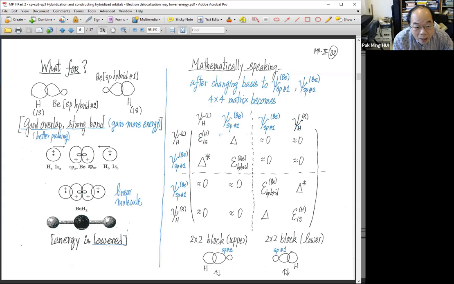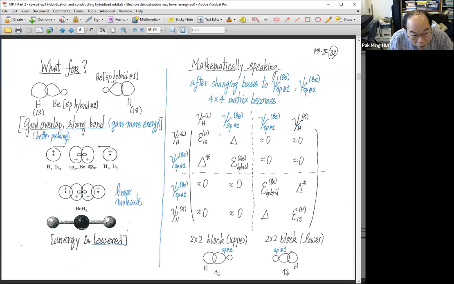Now, one of the sp hybridized orbitals points to the right, it is focusing the electron density in one direction, and now it's perfect. If I have a hydrogen 1s, this is a plus sign, this is a plus sign, they add together and form a very good bonding state.